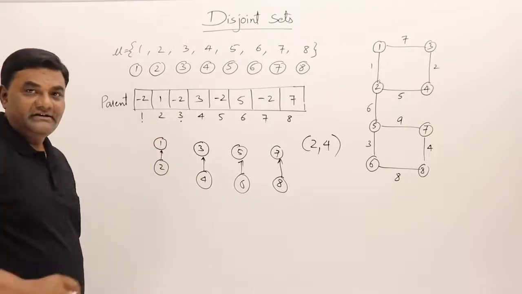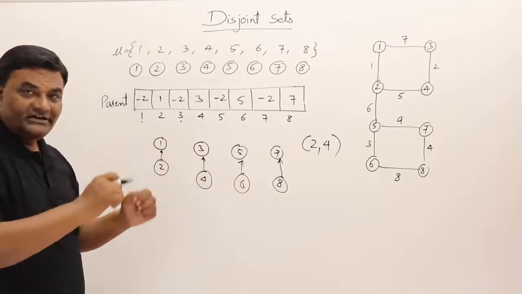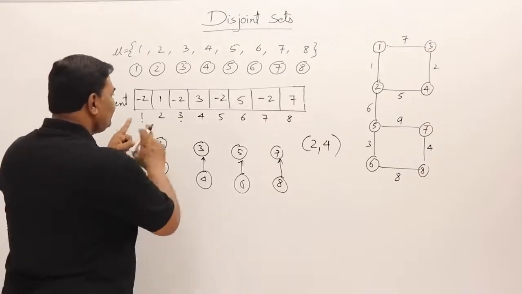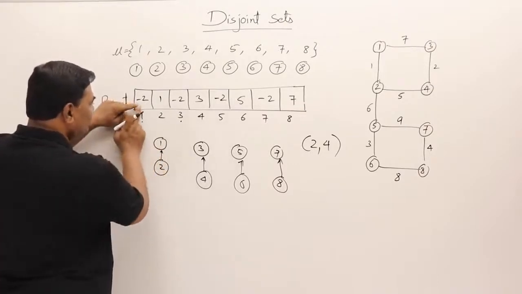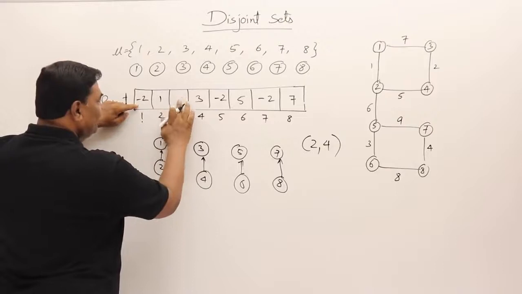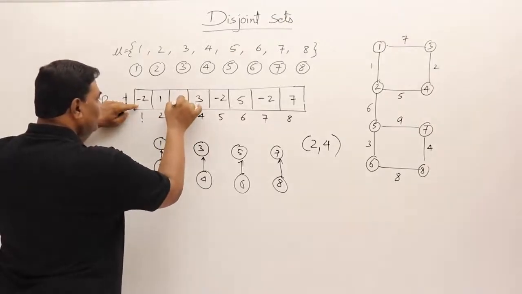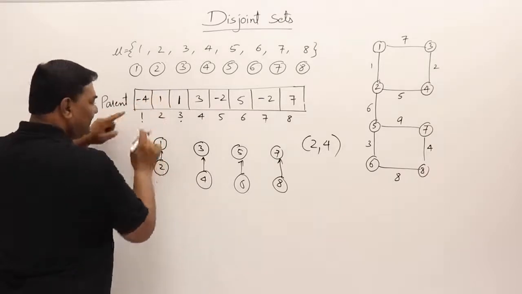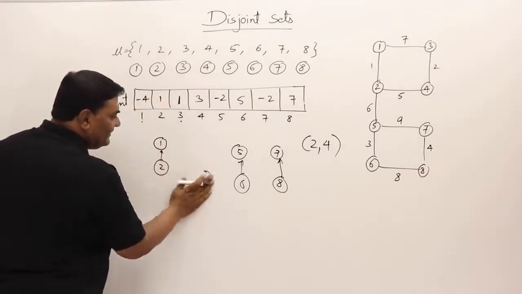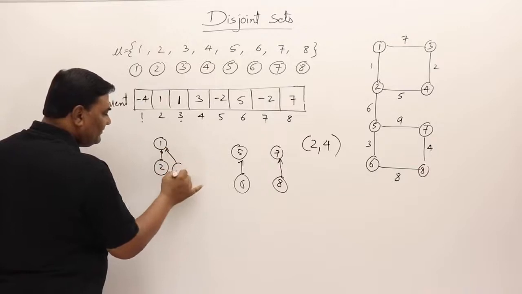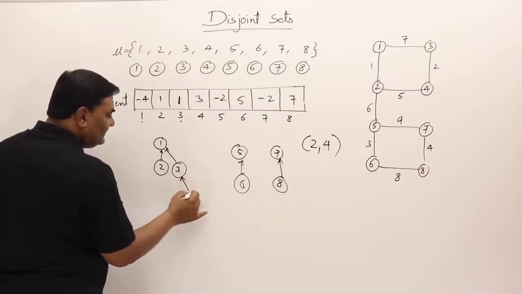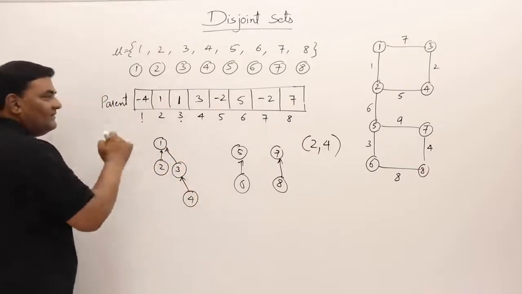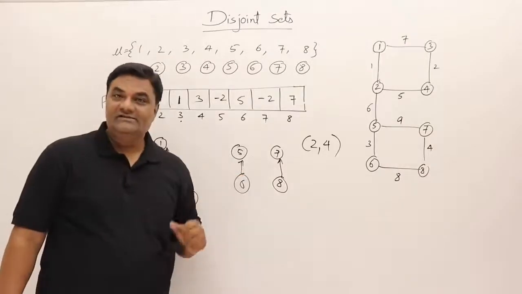They are different parents. Perform union. So whom should we select as a parent? 1, we will select it as parent. So at 3, I will write 1. Then in total how many nodes now? 4 nodes. So graphically, 3 will come as a child of 1 and here is 4. That's it. So that's how union is done.